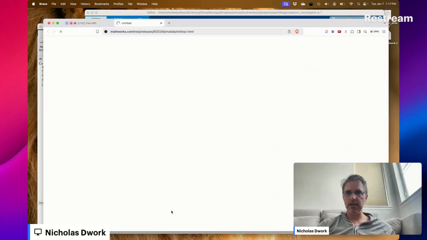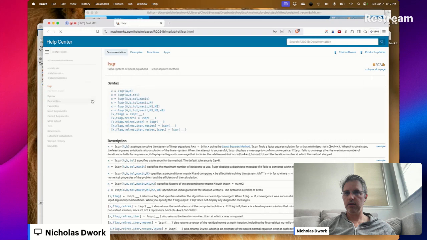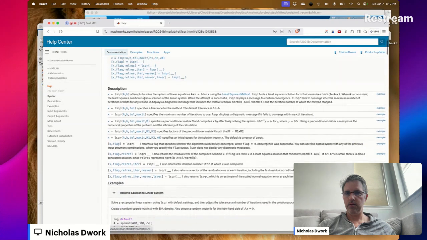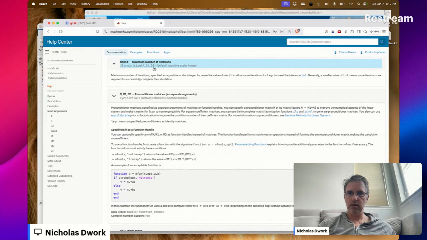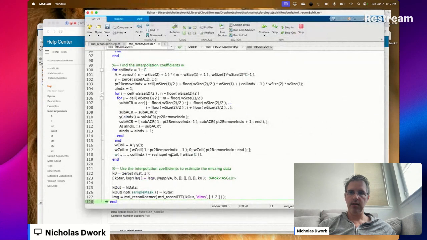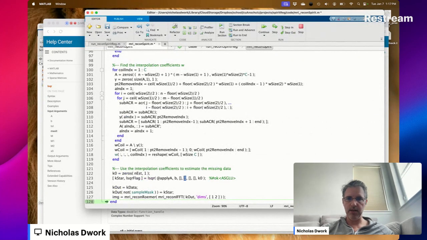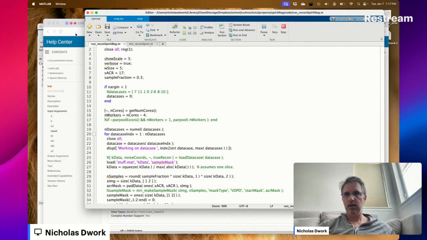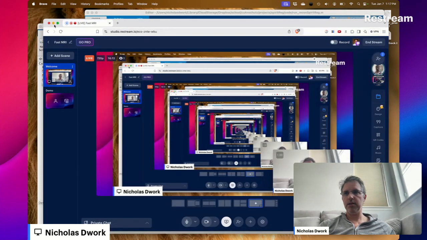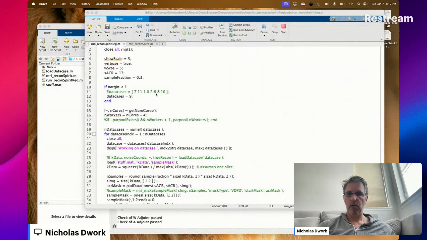How many iterations does LSQR run for? The default is 20. What if I set that to 100? Let's just make sure it's not something simple like that.